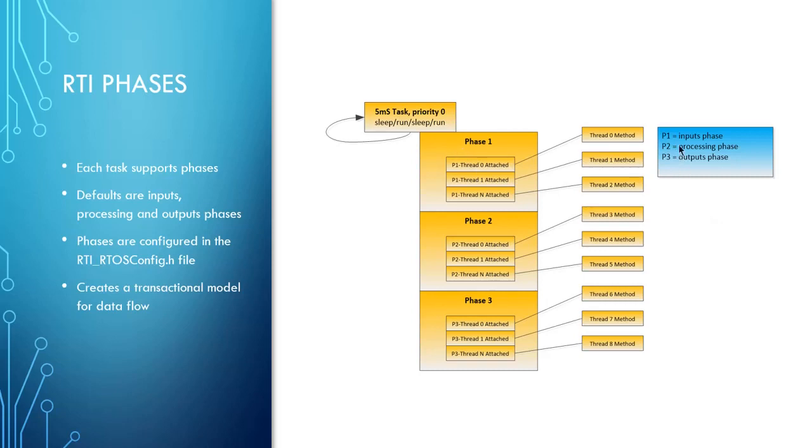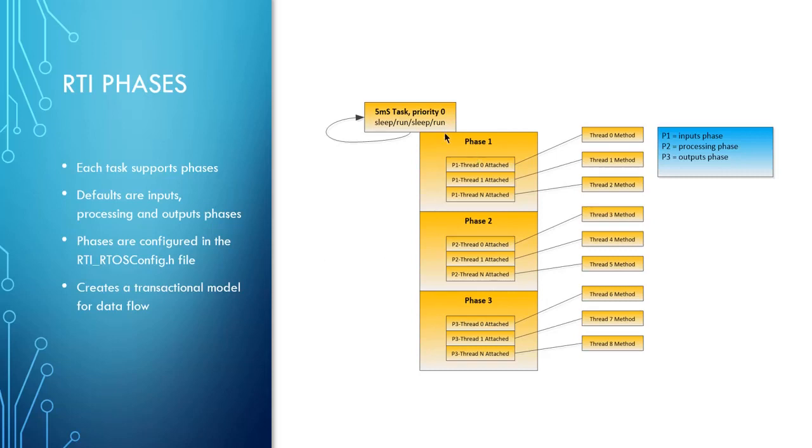You can also use this to basically create sequences, if you wish, by creating more phases. So if you have two forms of processing that need to be done, you could create a process phase 1 and a process phase 2, for example. So the defaults, as I said, are input, processing, and output phases.